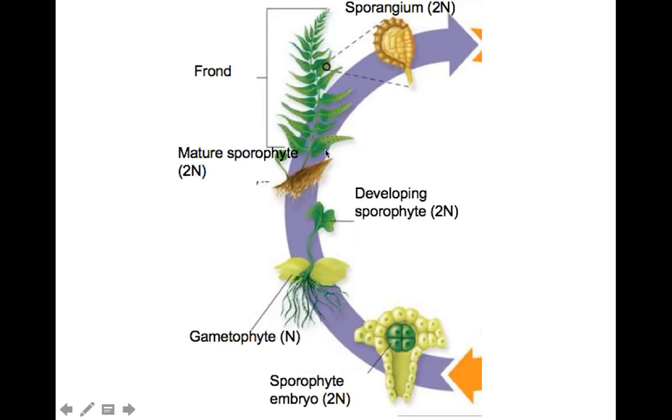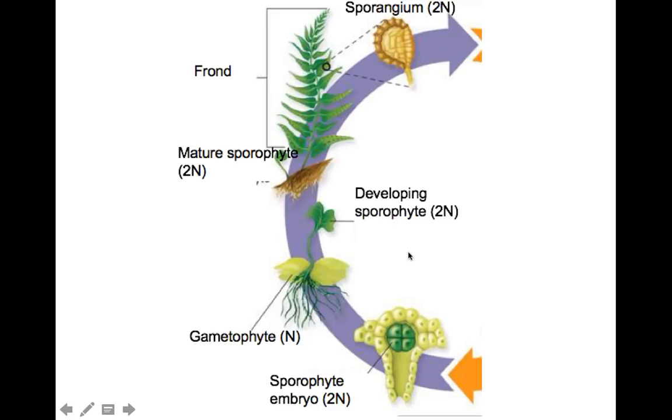Remember, the sporophyte is diploid, so this plant itself is diploid. If we zoom in on the underside of the fronds, that's where you'll see those bundles of sporangia. Inside them is where meiosis is happening to make little spore cells again that are haploid. That starts the process all over again.